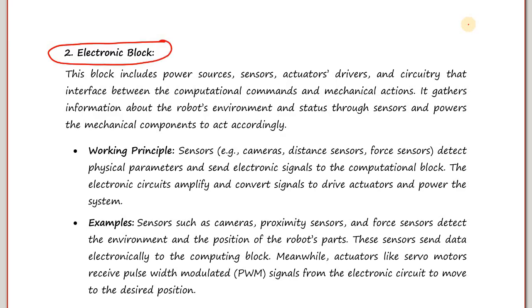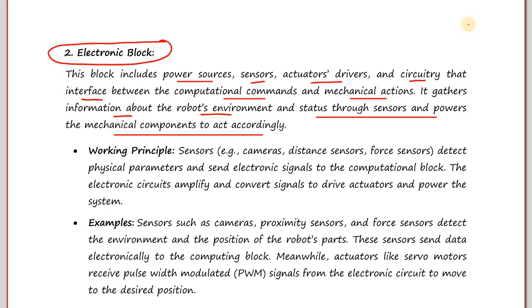Now, this block includes power sources, sensors, actuators, drives and circuitry that interface between the computational commands and mechanical actions. So, basically what it does, it gathers information, data about the robot's environment and also the internal status of the robot, through the sensors and powers the mechanical components to act accordingly.